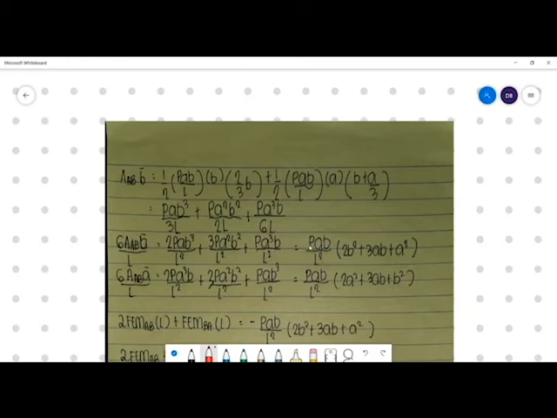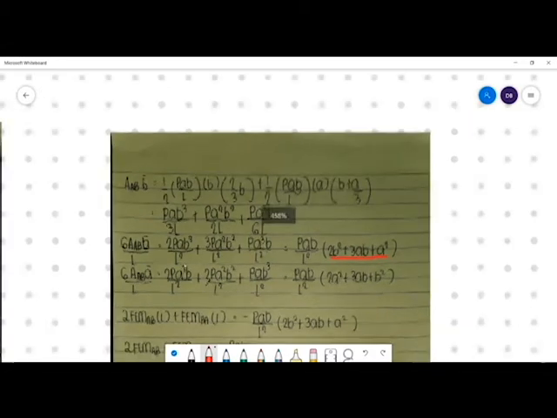If we remove the common factor PAB over L squared, this will become 2B squared plus 3AB plus A squared. We removed PAB over L squared, so that will be the factors.